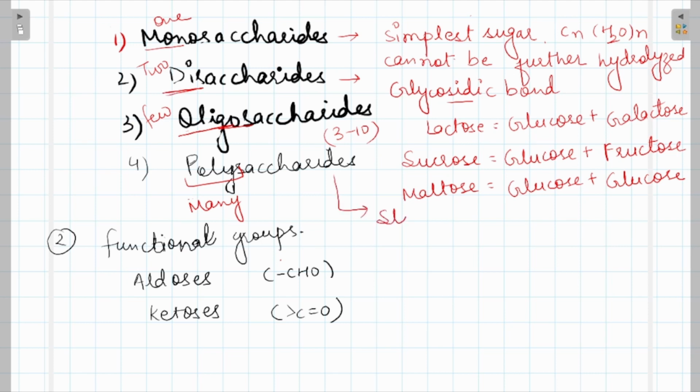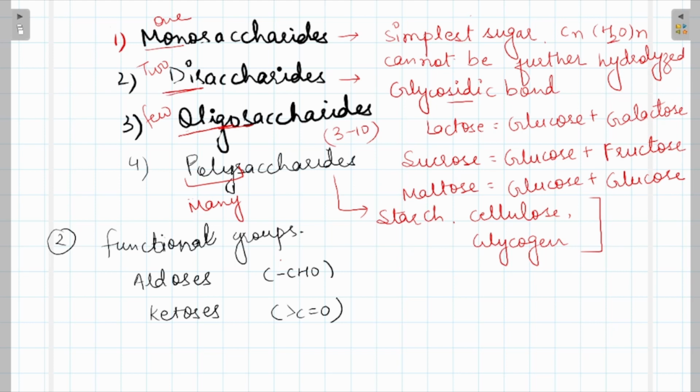Examples of polysaccharide are starch, cellulose, glycogen. The storage form of glucose is glycogen. So this is all about polysaccharide. We will discuss in detail. अभी आज अपन मोनोसेकेराइड देखेंगे, फिर आगे अपन डाई, ओलिगो, पॉली सब देखेंगे.